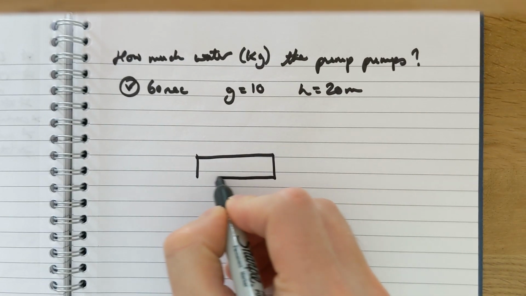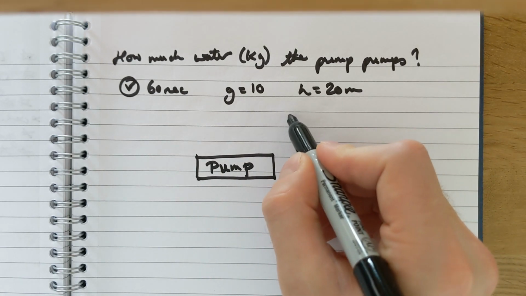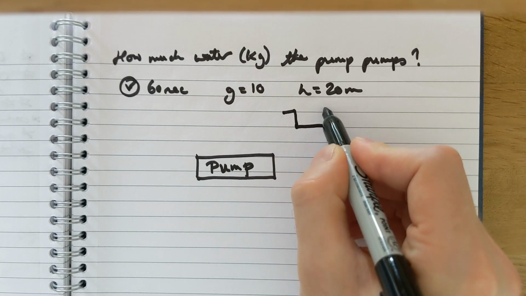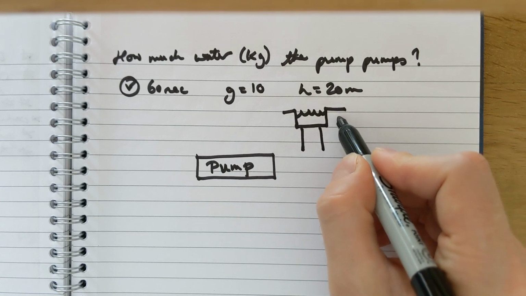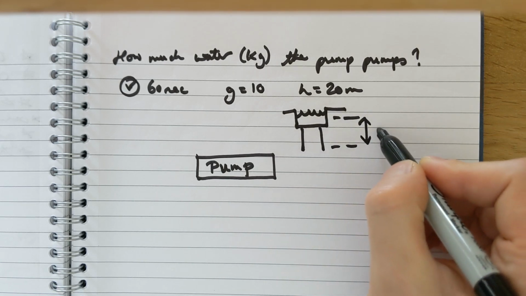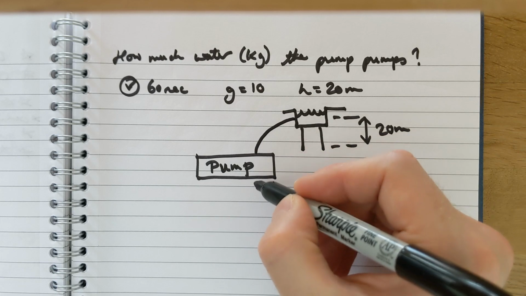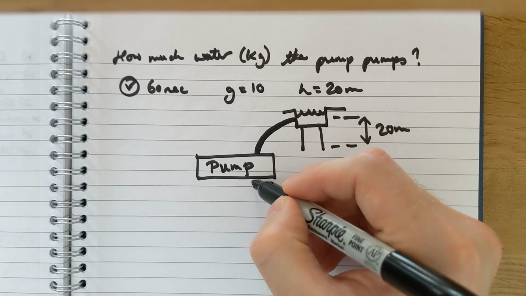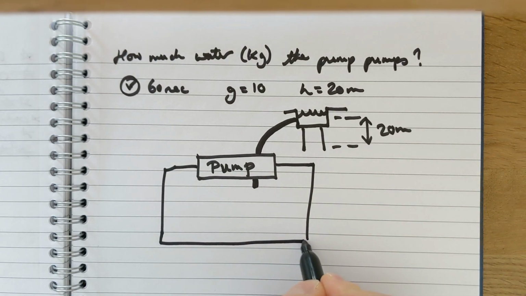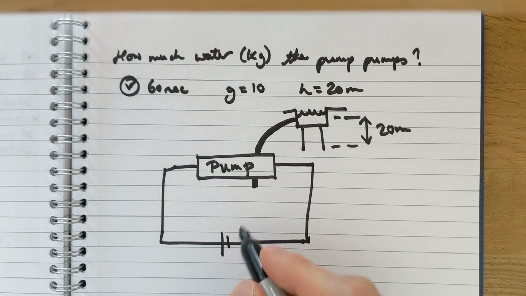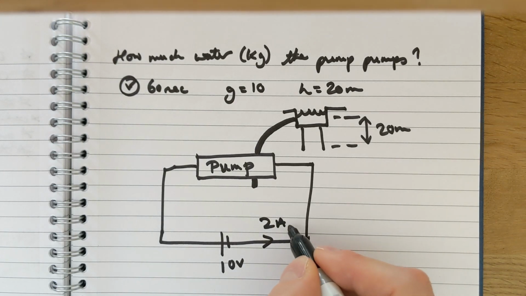So here is our pump, and it's pumping water up to a reservoir that is 20 meters high, and is connected to a circuit with a cell again of 10 volts and a current of 2 amps.